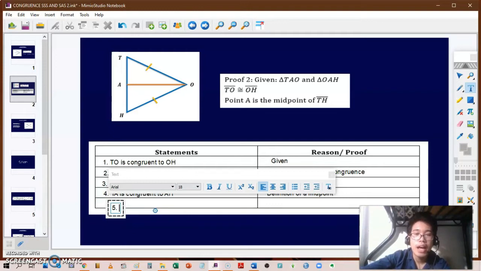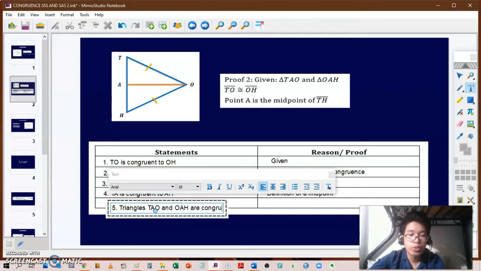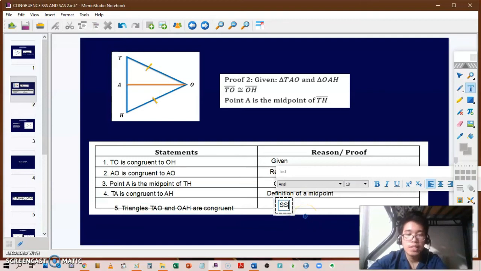And then lastly, we can now logically say that triangles TAO and OAH are congruent. How can we say that? Based on the side-angle-side triangle congruence postulate.